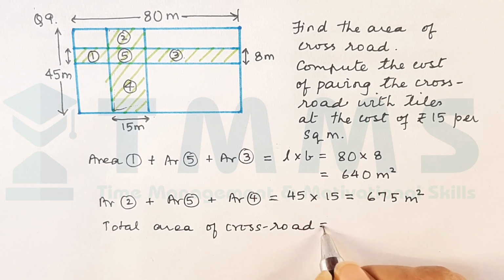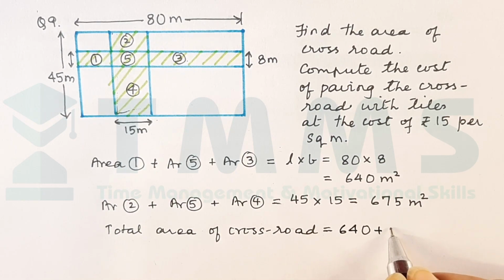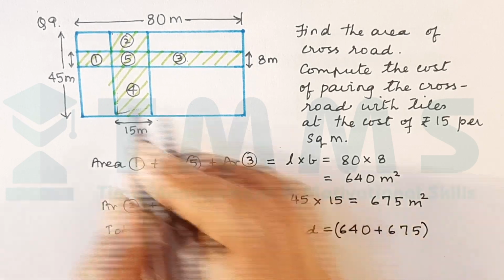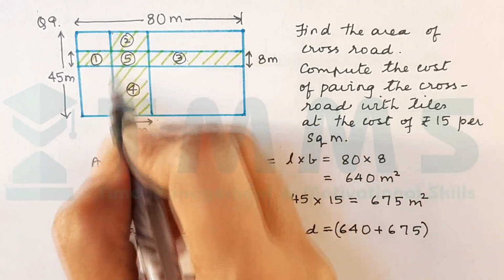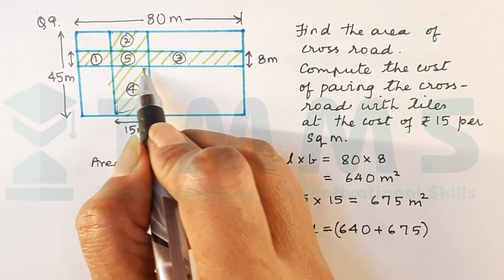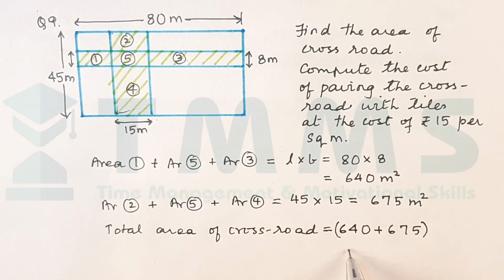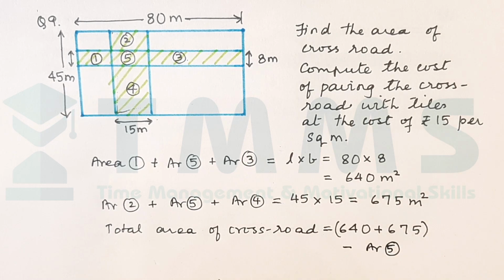So what I need to do is 640 plus 675. We will add this area to this area and subtract this area 5. Add the two.